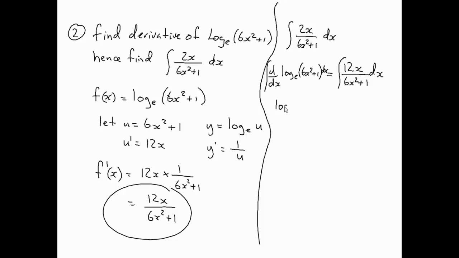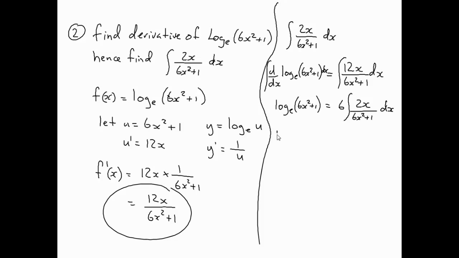This side becomes log e of 6x squared plus 1. This side, if I take 6 out as a common factor, becomes 6 times the antiderivative of 2x on 6x squared plus 1 with respect to x. That is what I'm looking for.